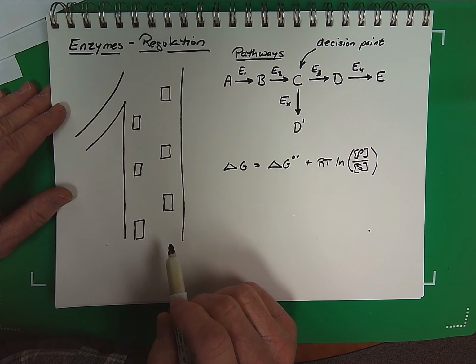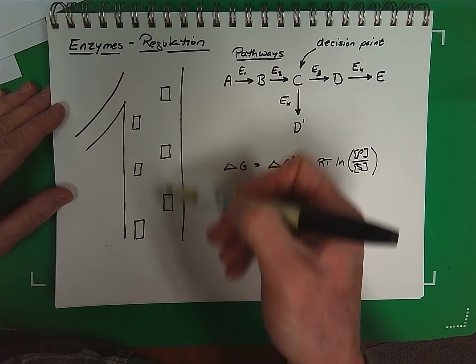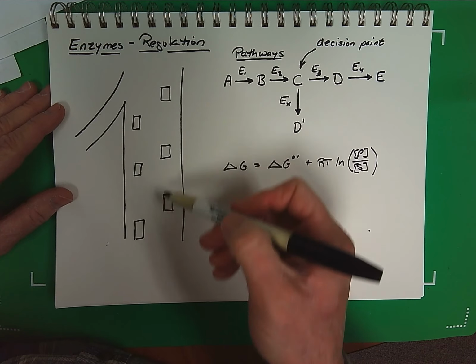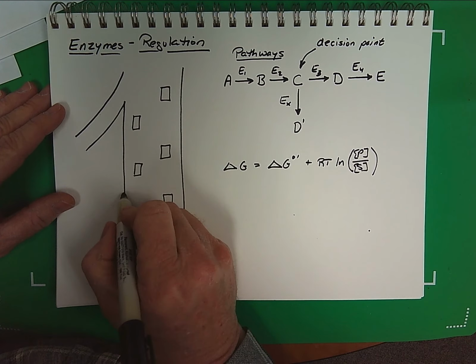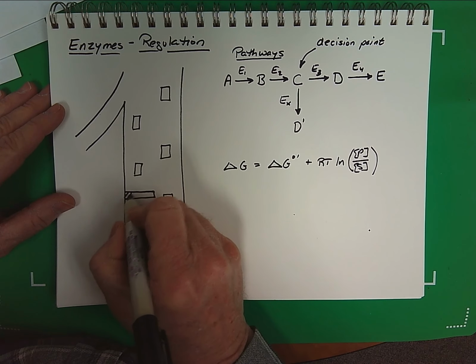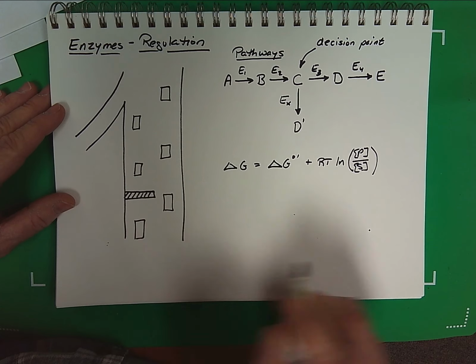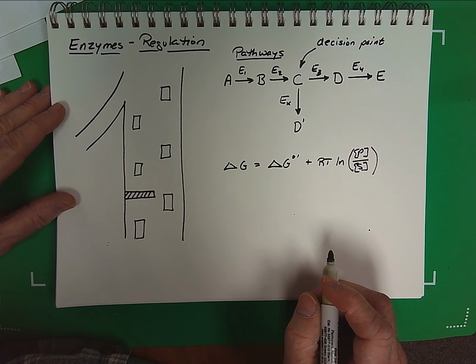So how does that occur? Let's look at our freeway again. These cars indicate the substrate and products moving down the road. Now what if we put a barrier in the middle of the freeway, say a construction zone?